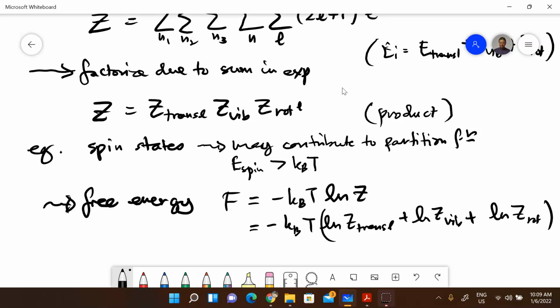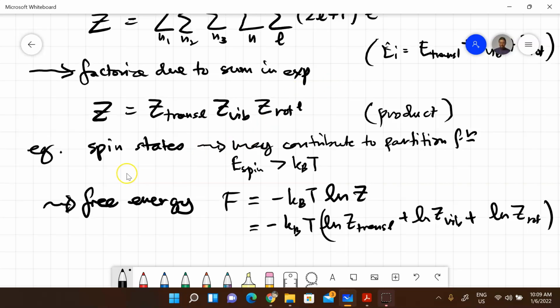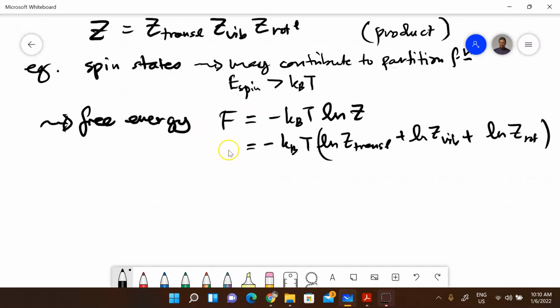Most of the other quantities that you're going to calculate will come from the free energy.